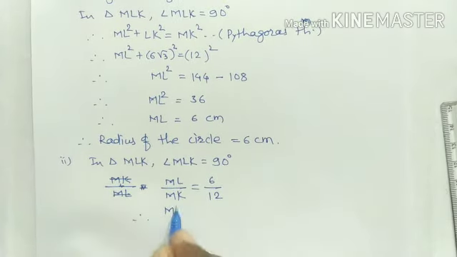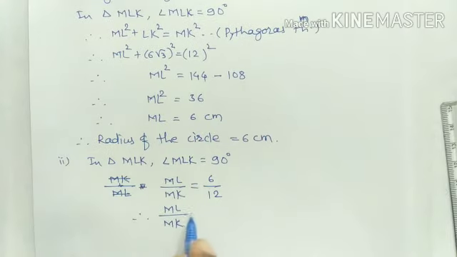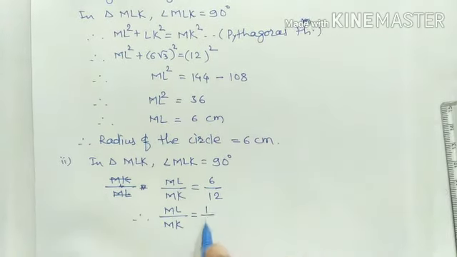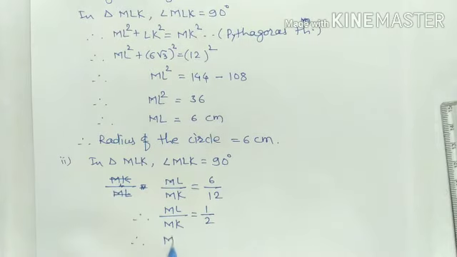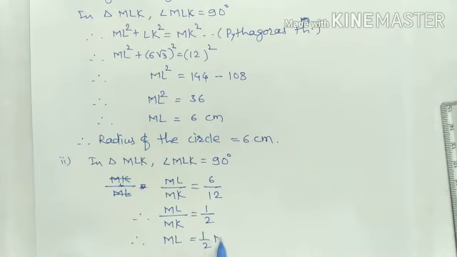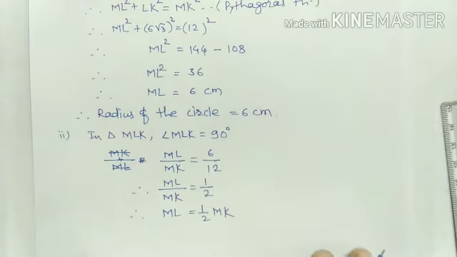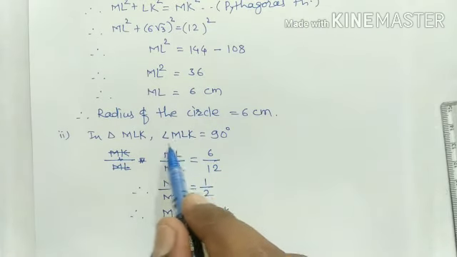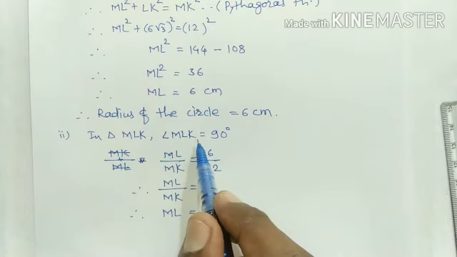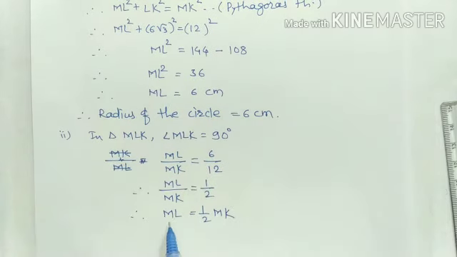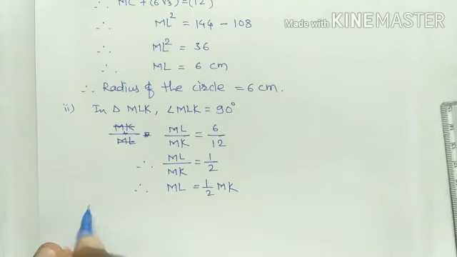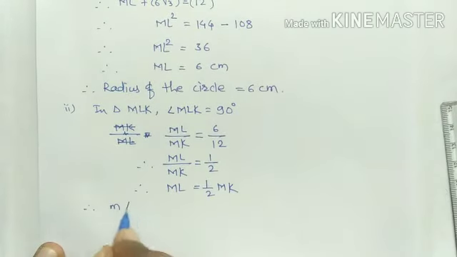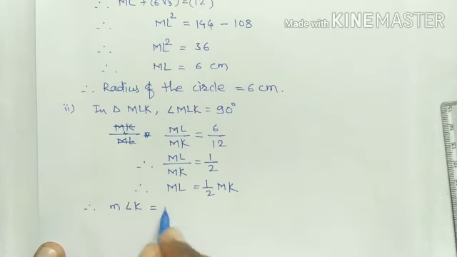Therefore ML upon MK equals to 6 1 is 6, 6 2 is 12, and therefore ML equals to 1/2 MK. आता 90 डिग्रीचा अँगल आहे याच्यामध्ये ट्रायंगल MLK मध्ये, म्हणजे it is a right angle triangle, and in a right angle triangle this one side is half to the hypotenuse MK.